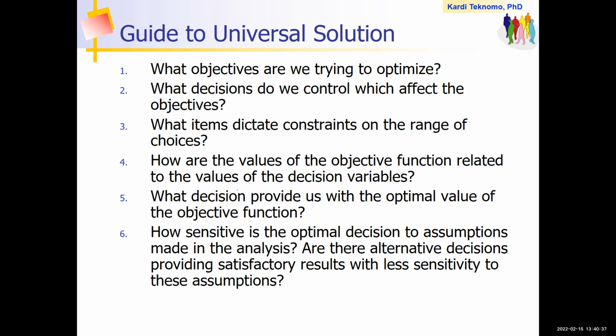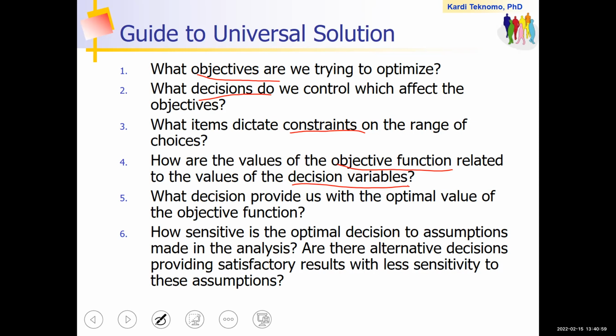For any optimization problem, all you need to do is check what the objective is, what the decision variables are, and what the constraints are. Then you find the relationship between the objective function and the decision variables.